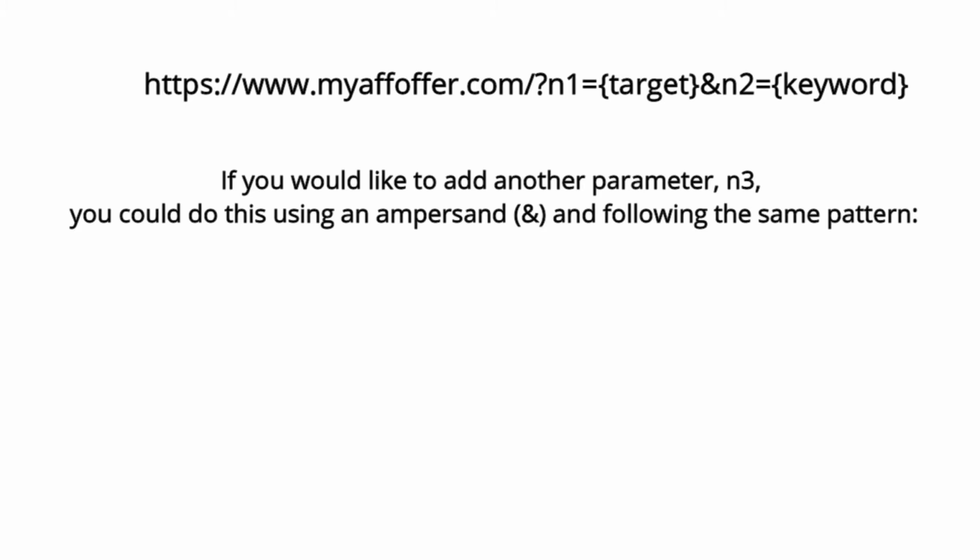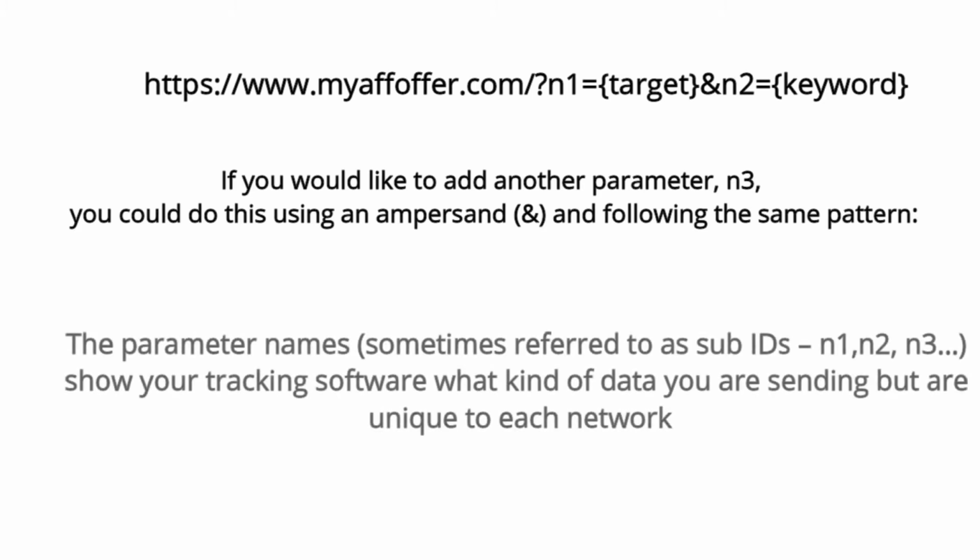You're only limited by the number of free spaces in the tracker. So if your tracker doesn't have the ability to track all of the sub IDs, that's really the only reason why you can't. Keep in mind that N1 and N2 are just examples; your parameters are going to be specific to each affiliate network, so you need to make sure you gather those.